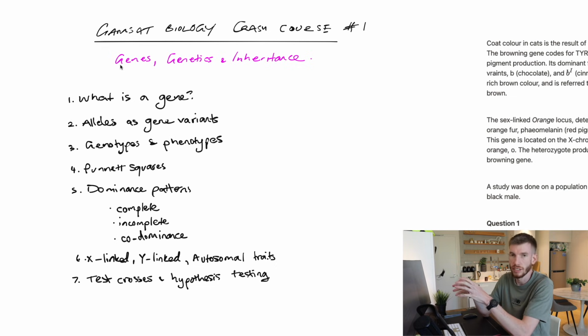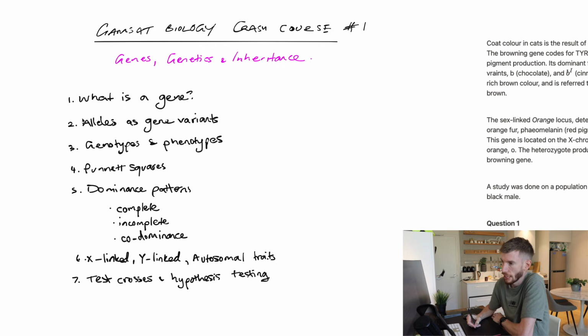Because there's less content to really be focusing on, we're going to look at how to immediately apply it straight into GAMSAT style questions. So it'll be kind of a hybrid of both the theory element of the previous crash courses along with the Section 3 type videos as well, merged together, and hopefully that's really helpful for people.